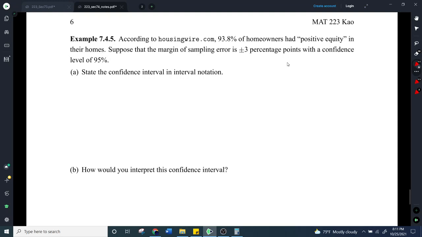State the confidence interval in notation. Remember that the confidence interval is p hat plus or minus the margin of error. If they give you the margin of error, this is actually a really easy question to answer. All I'm going to do is take the p hat value. So the p hat is going to be the 93.8%.